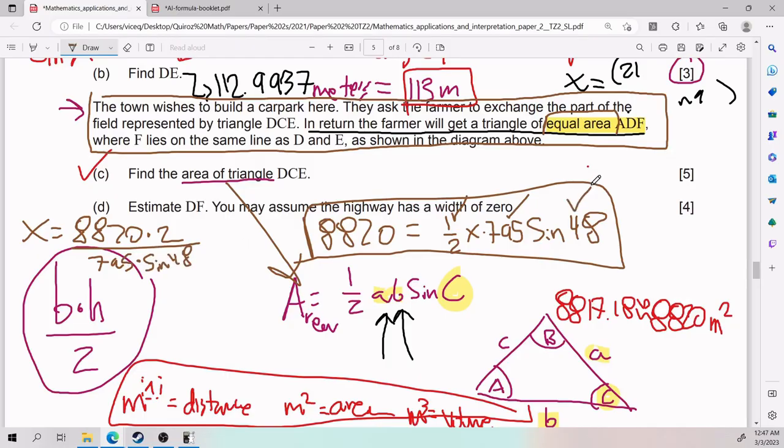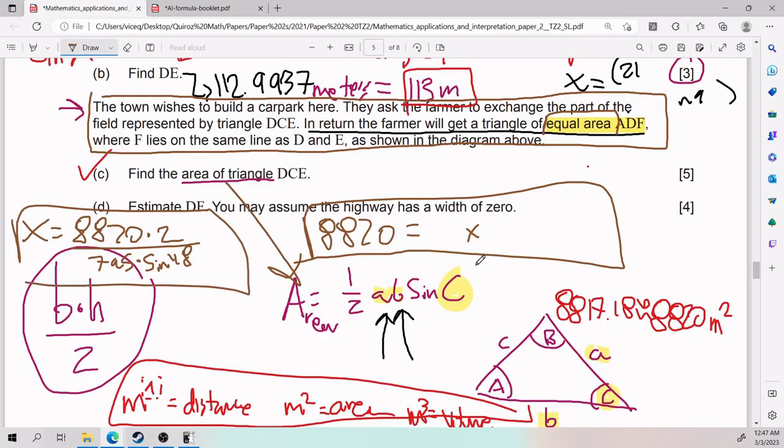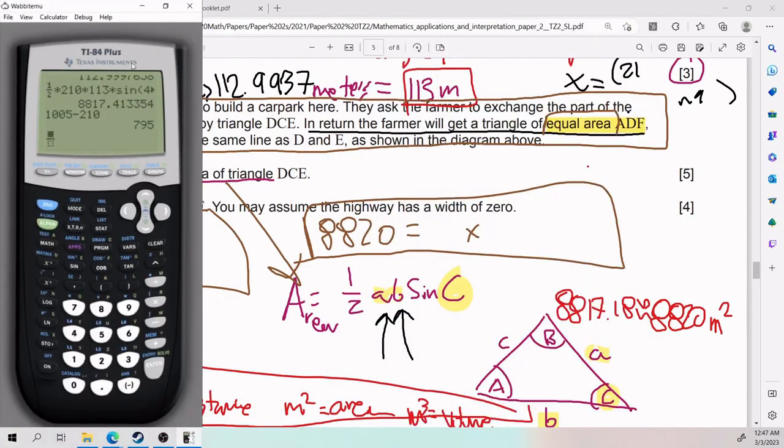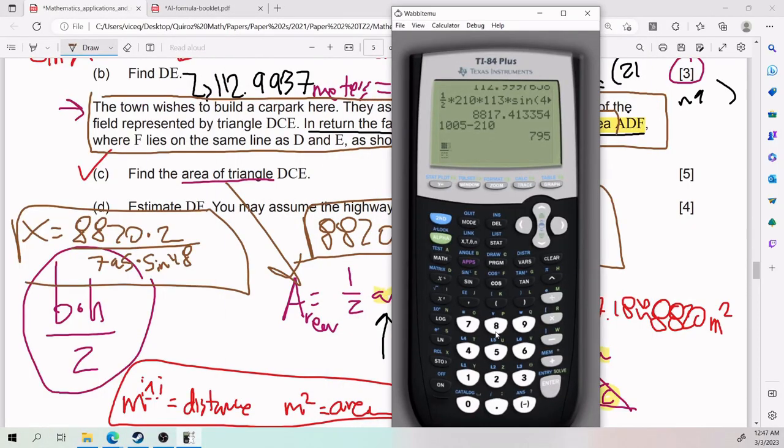So all of that done makes me get x alone, as you see on the left side. So x is going to be equal to this. We take out our calculator. We put 8820 times 2 divided by 795 times sine 48.